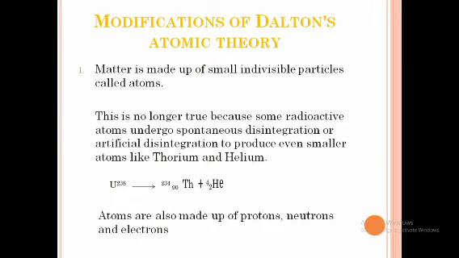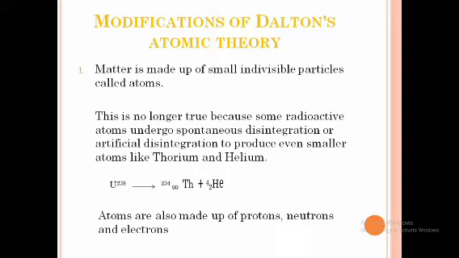Now, let's look at modifications that have been made to John Dalton's atomic theory. Number one, he said that matter is made up of small indivisible particles called atoms. Now, this is no longer true because some radioactive atoms undergo spontaneous or artificial disintegration to produce helium, and helium is actually smaller than an atom.